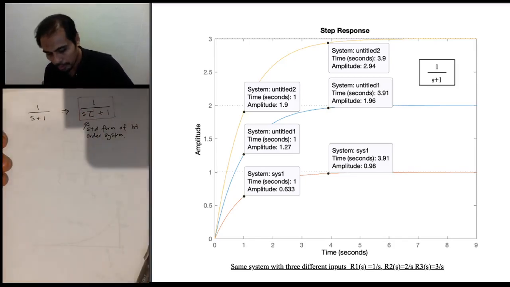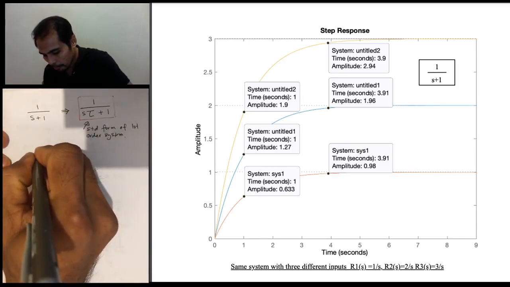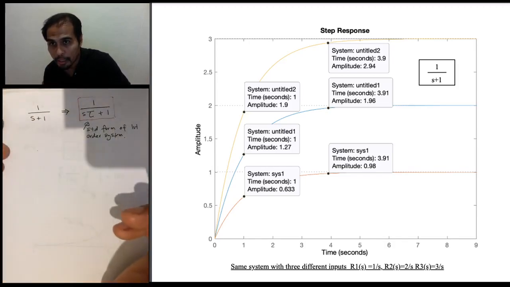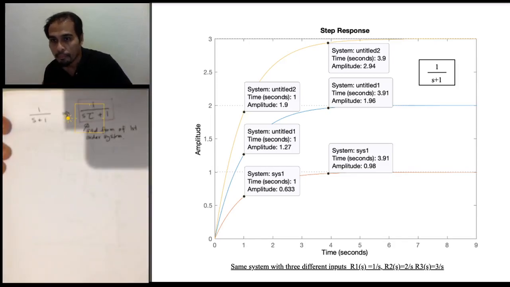The important thing is that we need to find tau, and once we know tau, we can find the rise time and the settling time.